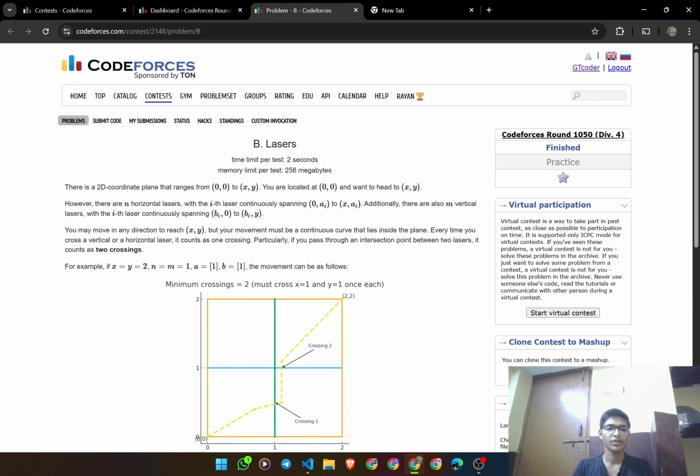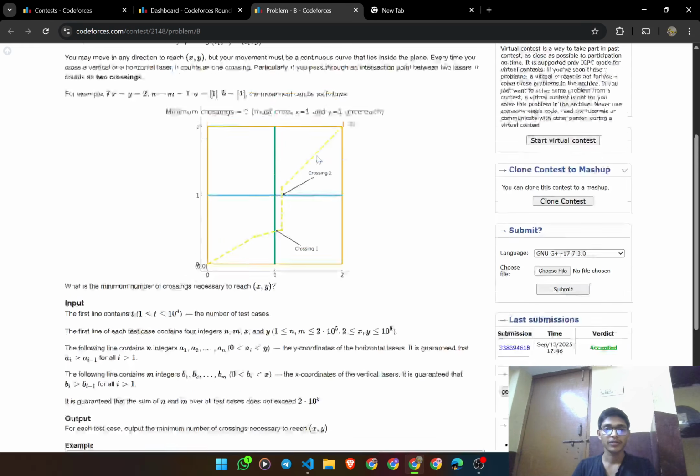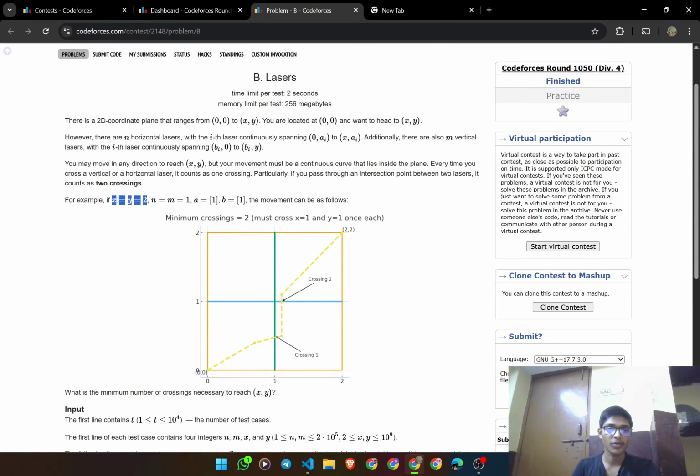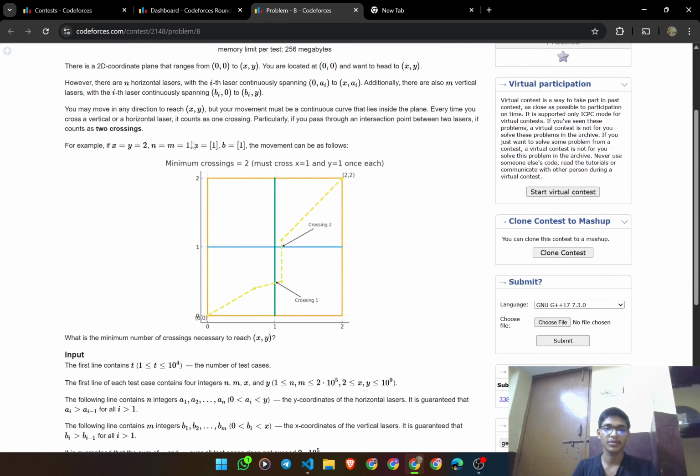Now what is given is x, y, n and m, and a and b are the arrays. Consider that these are vertical lines and horizontal lines, where a is the horizontal lines and b is the vertical lines.